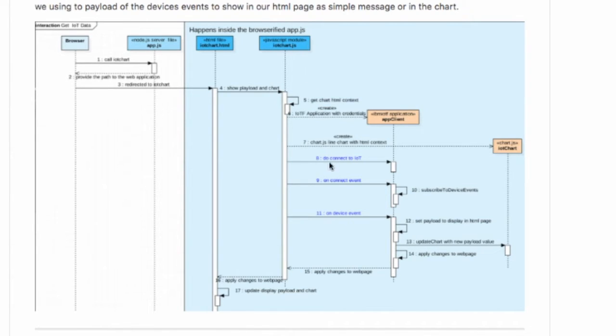Inside the IoT chart, we will utilize the app client to do all the IoT stuff, to connect to the IoT, to register to the events, and do things when device information or event information comes from the device. Here we will use the payload to configure the chart information and also the payload itself, so that later on it's shown on the web application.